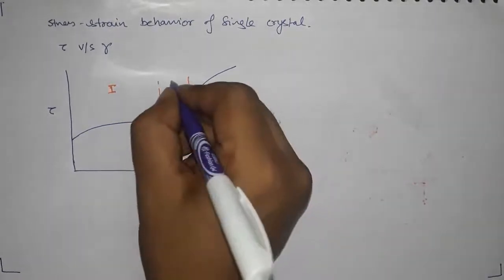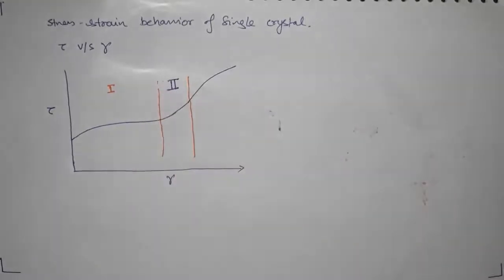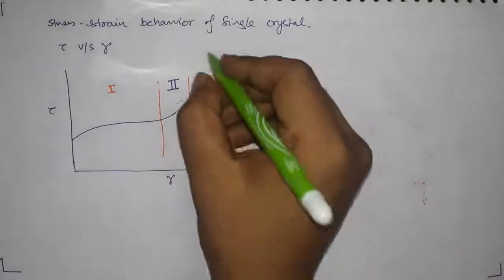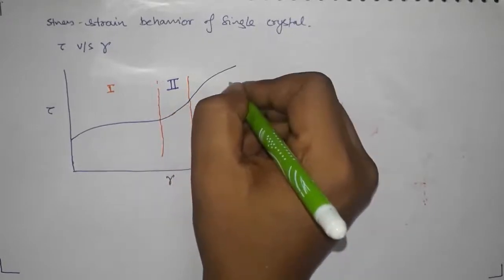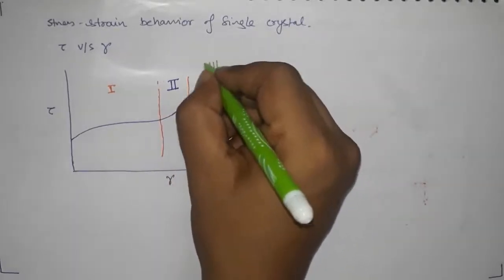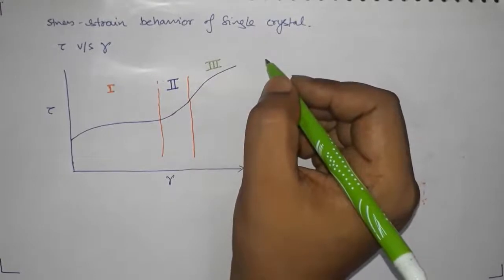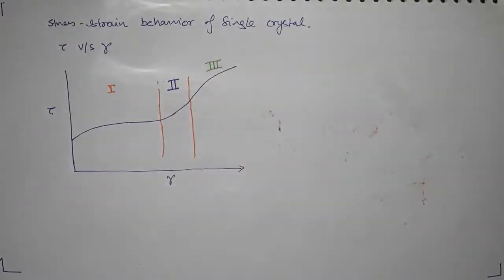Okay, so that is my stage 2, and then I have third one where again the strain hardening has decreased a little bit, and that is my stage 3. Okay, so this kind of behavior for a single crystal was explained by Seeger.